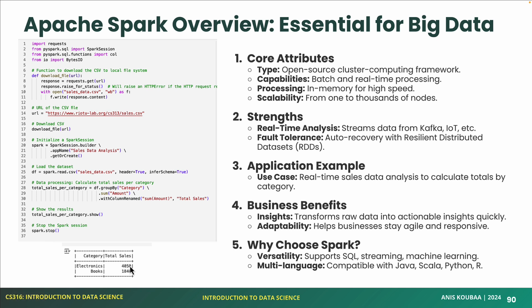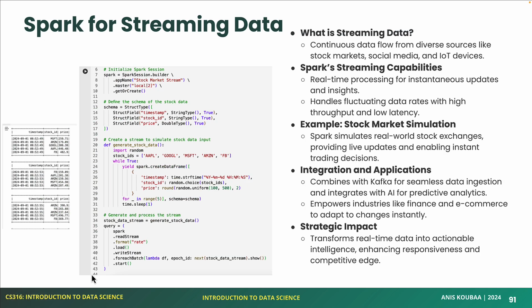Imagine that you have a big company, let's say like Amazon, having a transaction every second or every millisecond, and you want to have real-time information about, for example, the total sale in every category, so you can take appropriate decisions whenever needed. And this is another one also for processing streaming data over the internet.